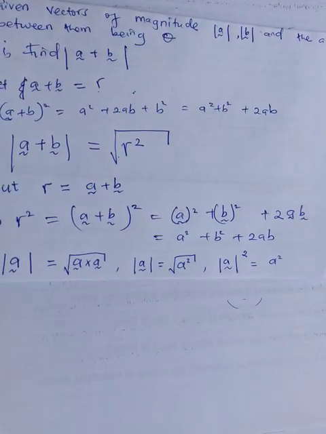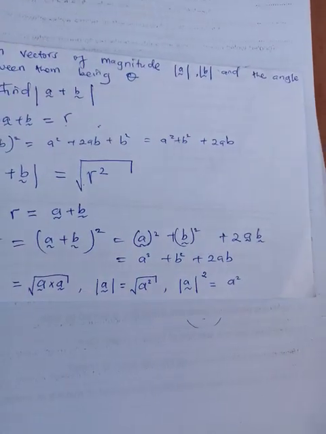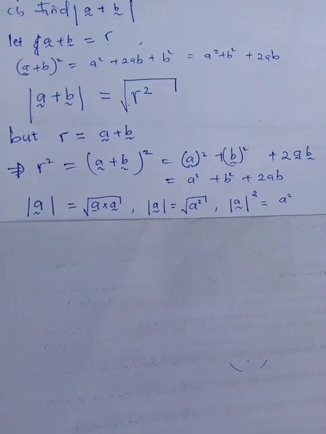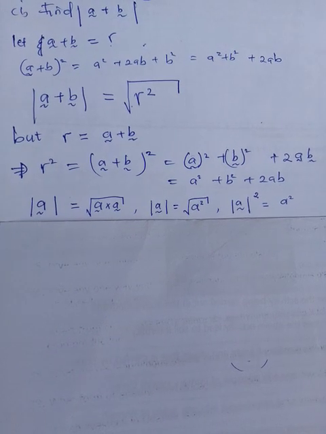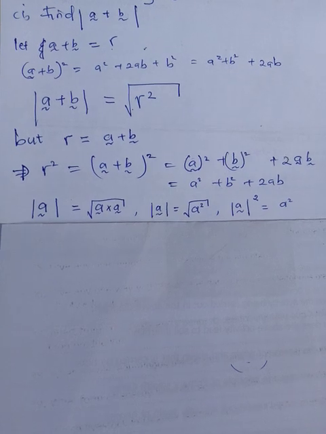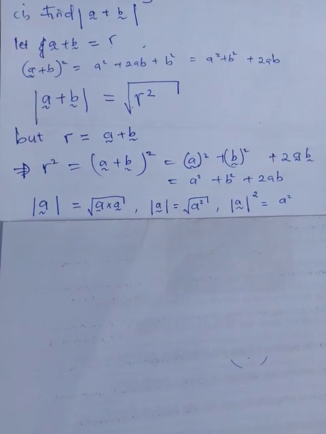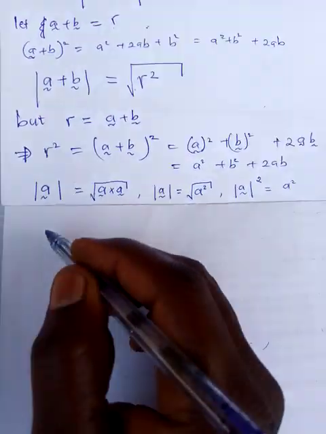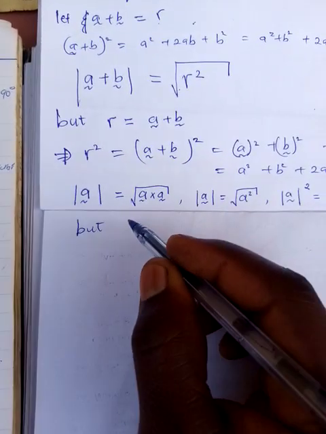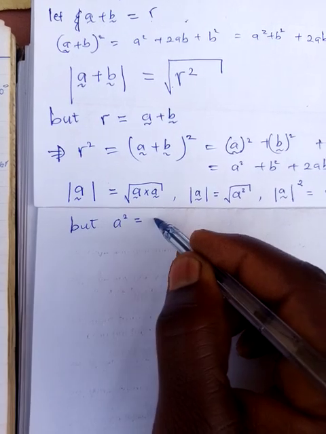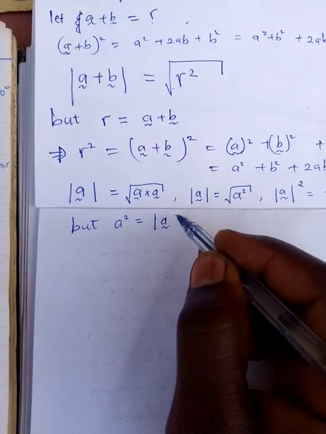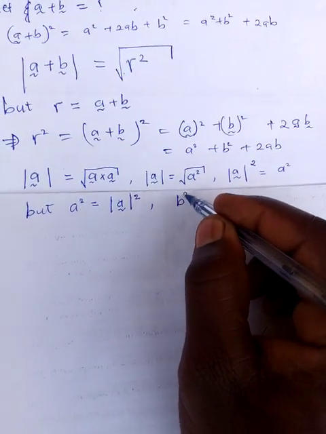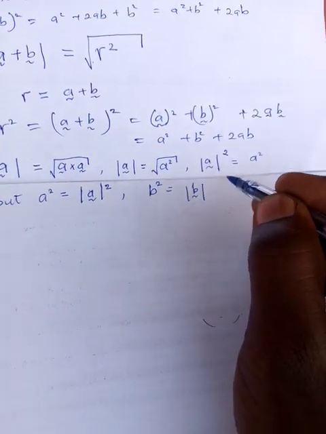So from up here, I've seen that a squared is the same as the modulus of vector a squared. Therefore, a squared is the same as modulus of vector a squared, and b squared is the same as modulus of b squared.